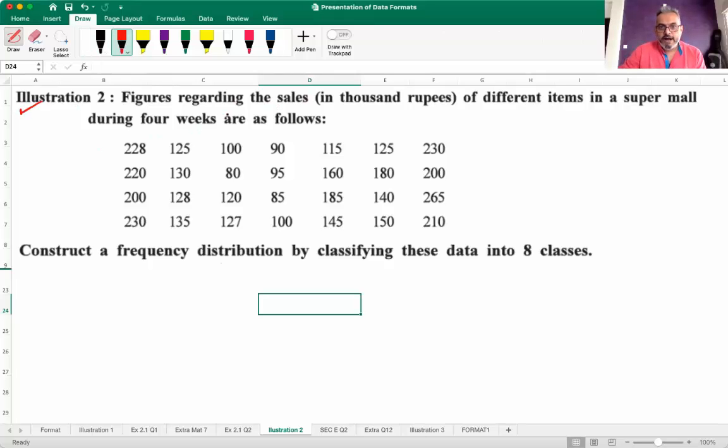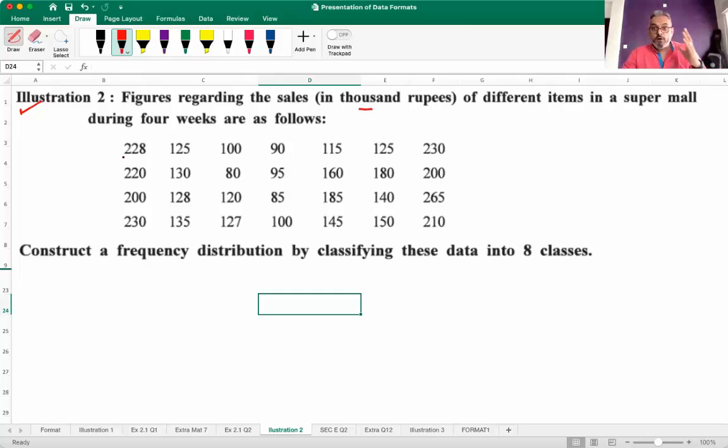Figures regarding the sales in 1,000 rupees of different items in a super mall during 4 weeks are as follows. So here you have figures regarding sales in 1,000 rupees.